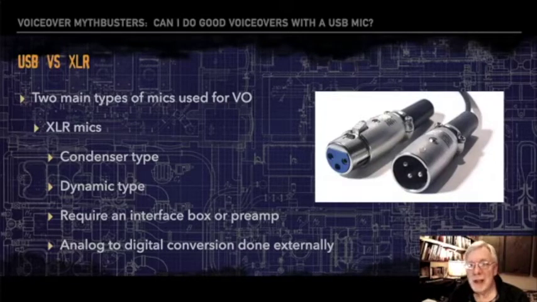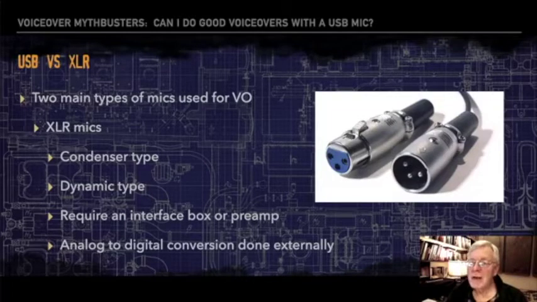Another thing about XLR mics is that they require an interface box. The electronics inside the microphone are not there to convert your voice from analog, which is what we actually live in, into digital. That conversion has to happen in order for the voice to get into the computer and for us to be able to record it and edit it and do all the fancy things we want to do to it.